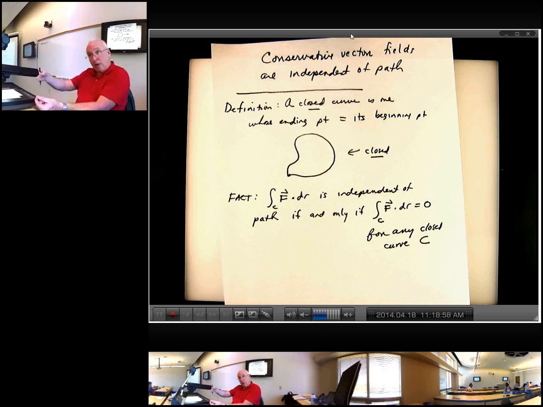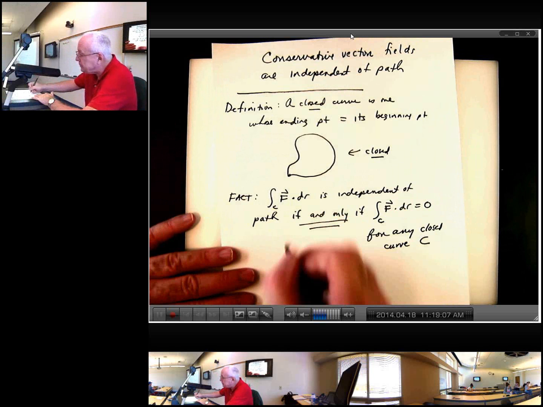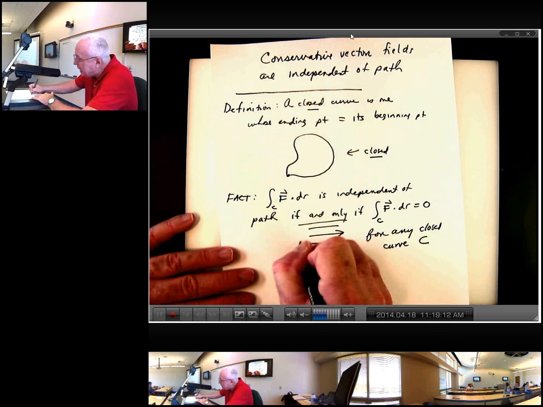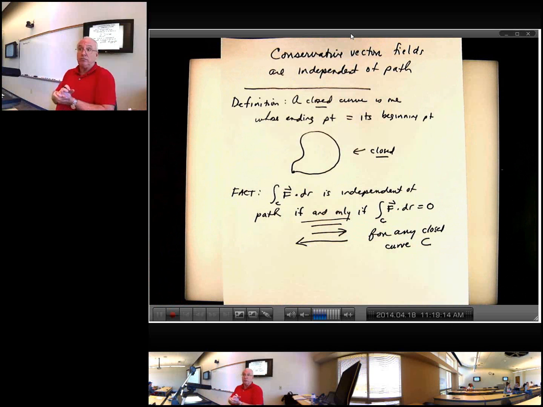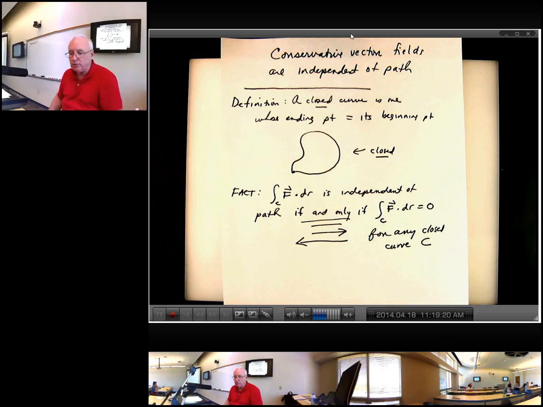We subtract them, we get 0. I'm hoping that makes sense to you. And this is if and only if, which means that logically it goes in both directions. So for any closed curve, our line integral equals 0.